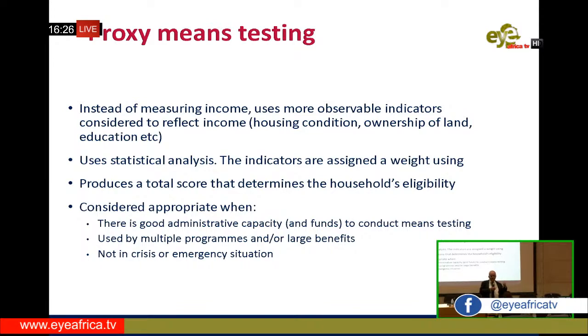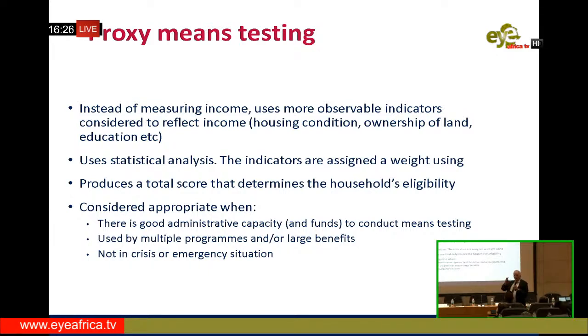But as you've seen, things change very quickly. So after 2-3 years, most of the information is still correct, but a good part of the information is no longer correct. So that's a problem. So smart professors thought, okay, let's do something different. We use a sample of the population and then use proxy means testing.